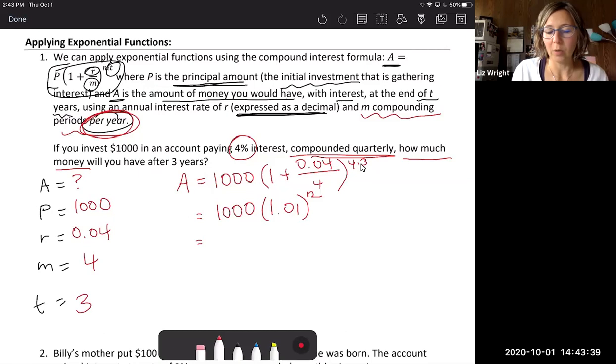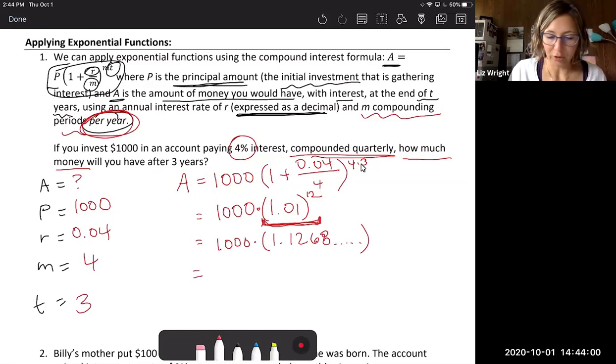So in your calculator, order of operations says take care of the exponent first. Do this first, and you should get 1,000 times something that's 1.1268, and that number keeps going. So keep that number in your calculator, now multiply it by 1,000, and you should get 1,126.8250, and it keeps going.